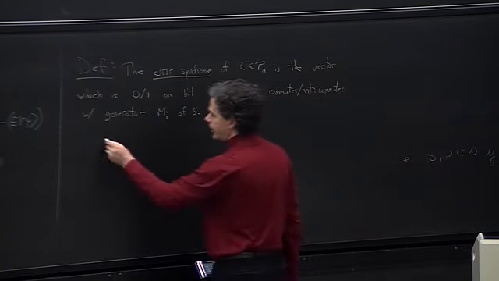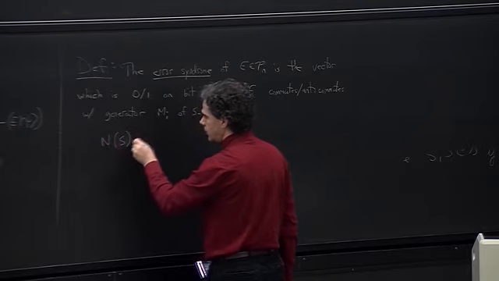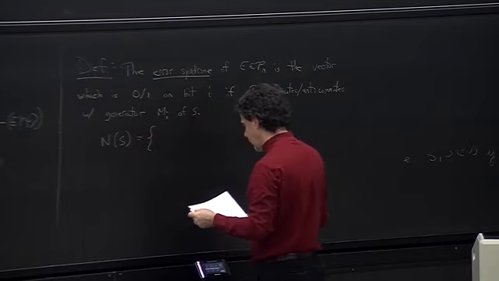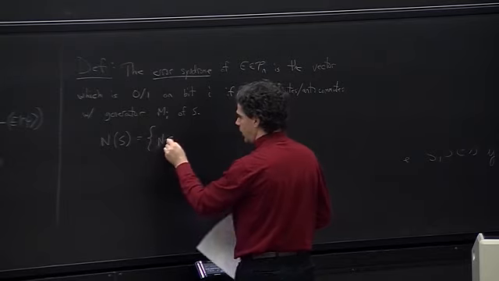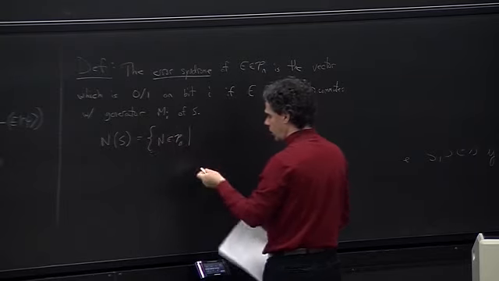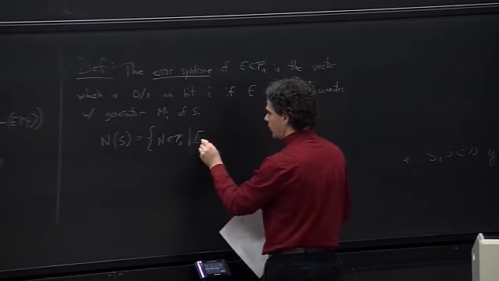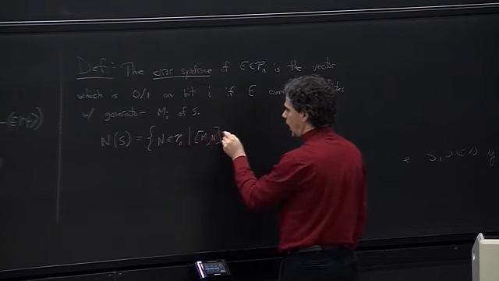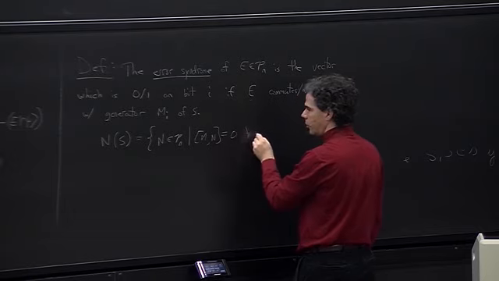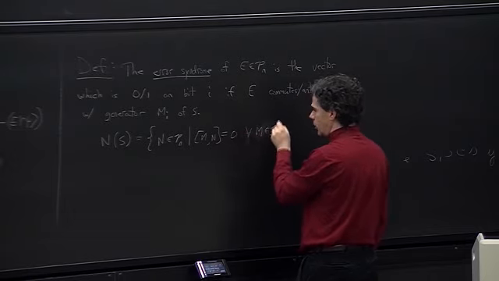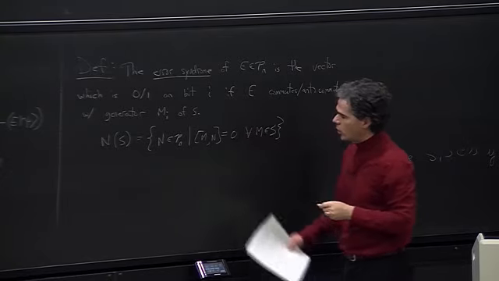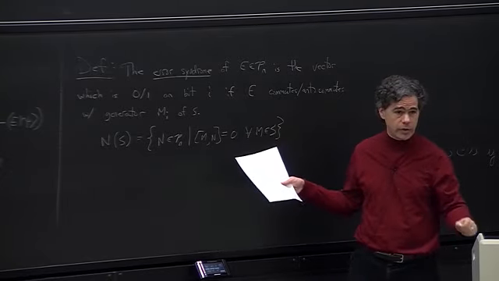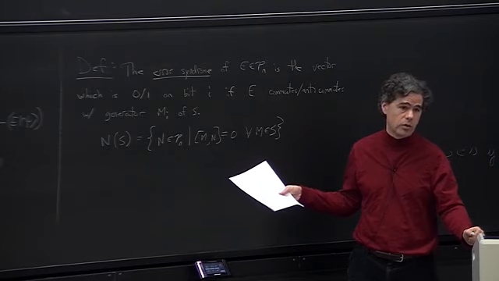So the other thing I want to define is the set N of S. So N of S is the set of N in the Pauli group such that M and N commute for all M in the stabilizer. Okay, so this is the set of things that commute with everything in the stabilizer, and therefore the set of things that have 0 error syndrome.